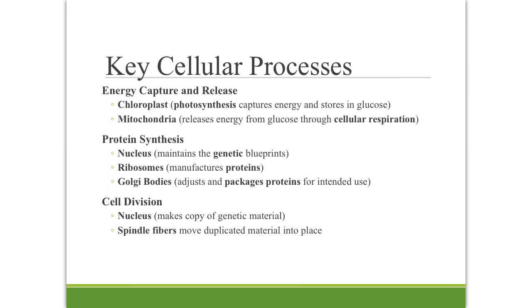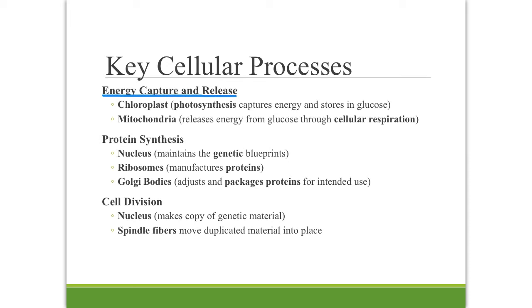Now, cells are very busy places, and there are a lot of processes going on inside cells. We're only going to be talking about a few of them this year, and so I just wanted to highlight the big 3 and point out some of the organelles and the processes that we're going to be talking about. The first one we're going to discuss is how energy is captured by cells and then released. Because, of course, without energy, we're not going to have life, because energy is needed to do movement, and if things can't move, you can't be alive.